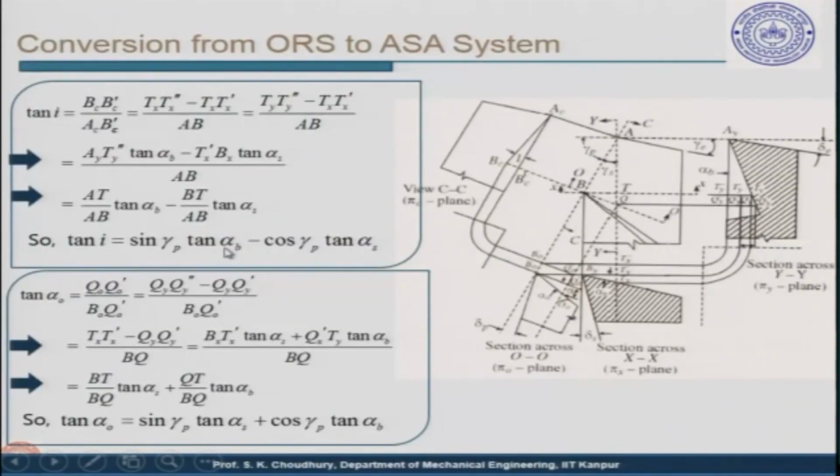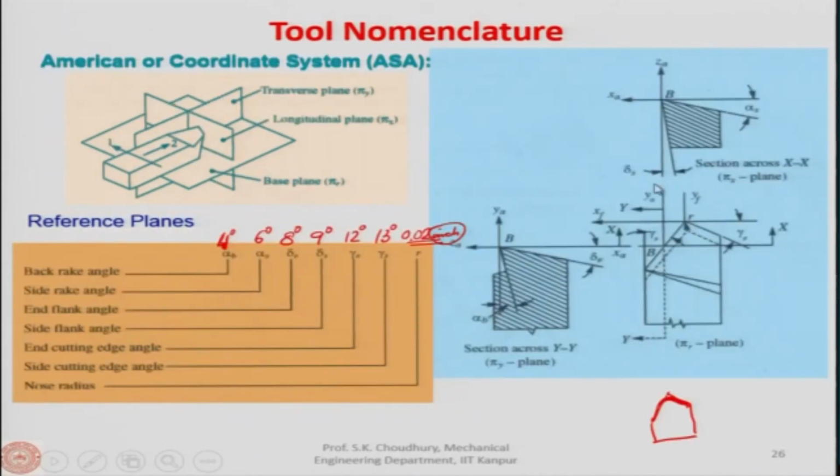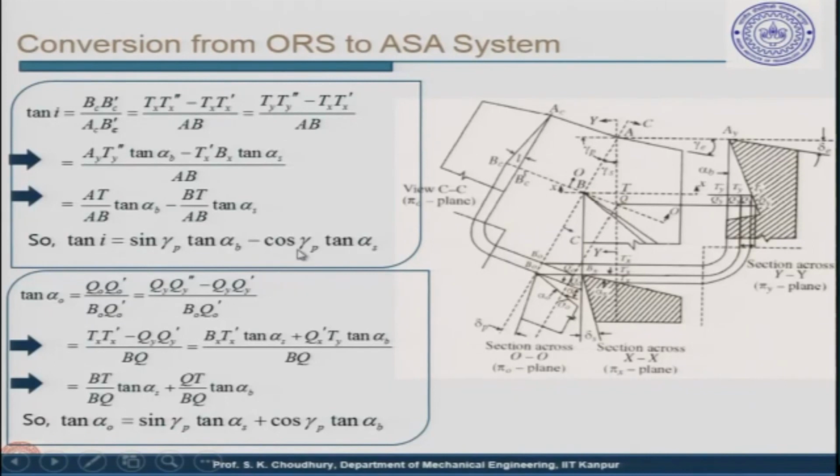This is multiplied by tan of alpha b, the back rake angle, which is in the ASA system, minus cos gamma p and tan alpha s, again in the ORS system, where alpha s is the side cutting edge side rake angle. So, this is also in the coordinate system. You can see that this equation actually relates the ORS system with the ASA system.